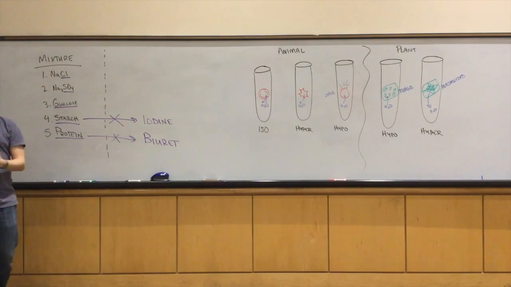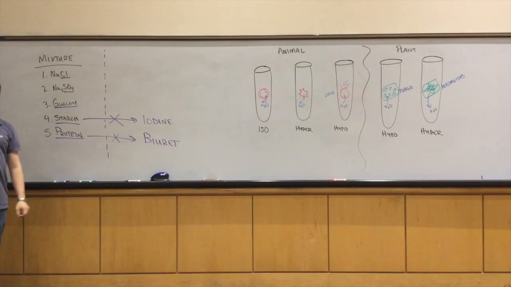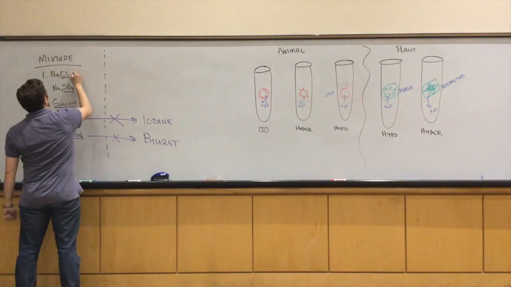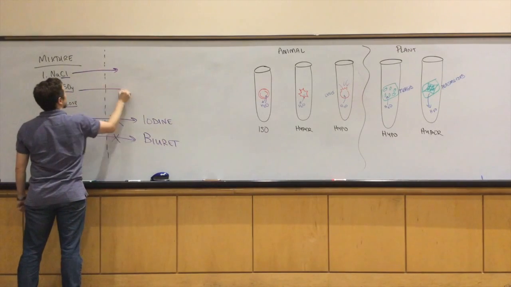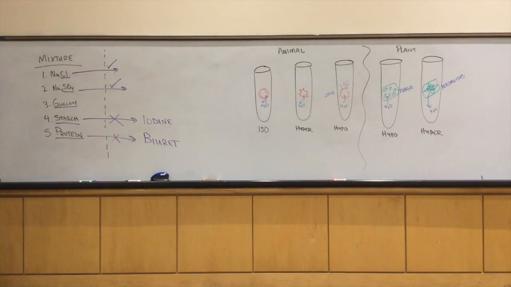If you're wondering why I'm saying this, it's because when we place both of these solutions in water, the sodium has the tendency to dissociate from the chlorine or the sulfur and oxygens. Okay? So, these two were small enough to where they did diffuse across the membrane, but we still have to test to ensure that they're there.